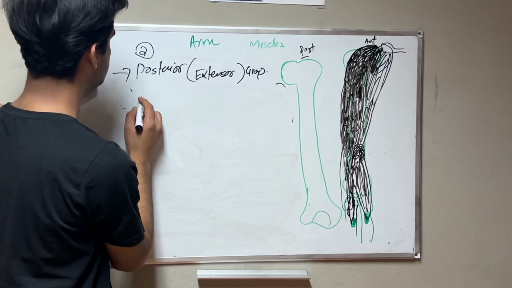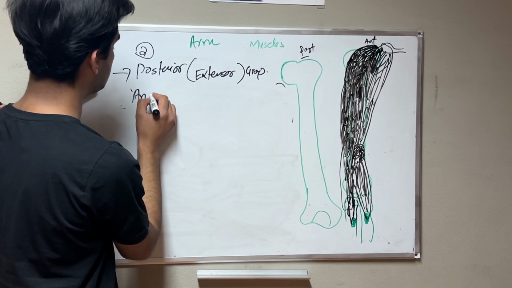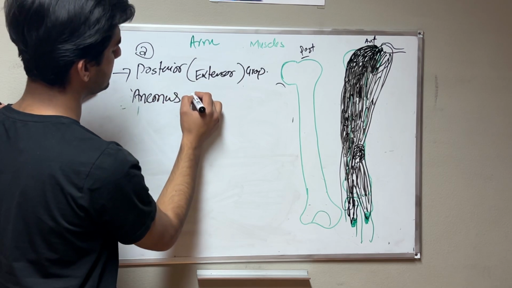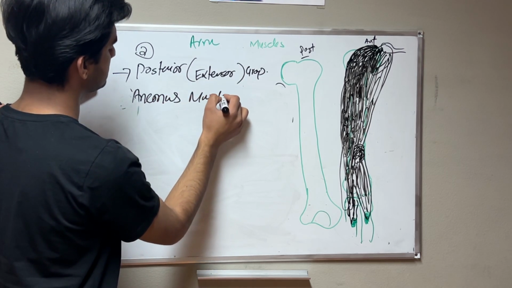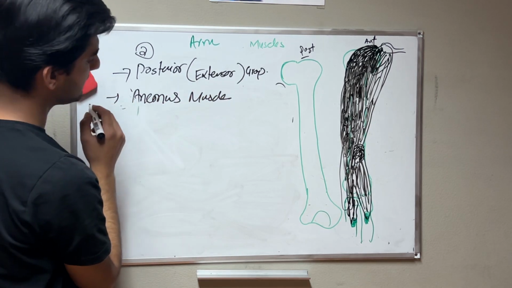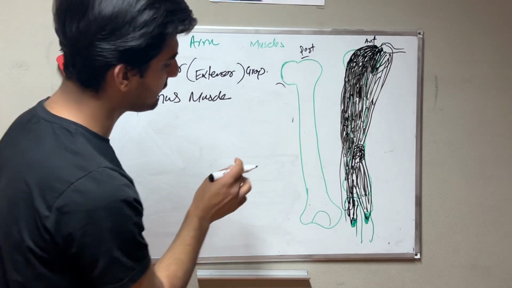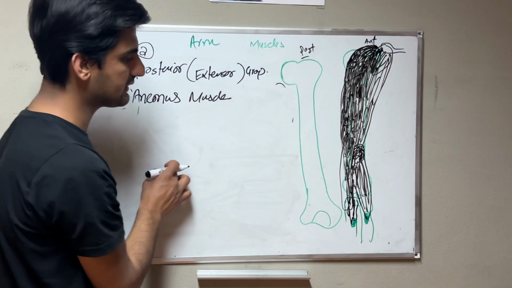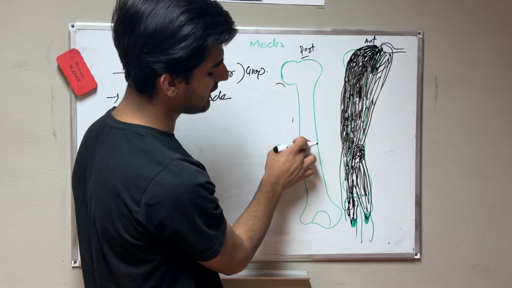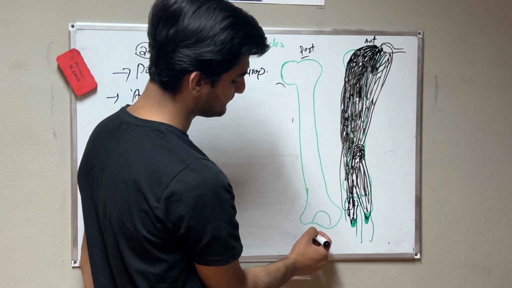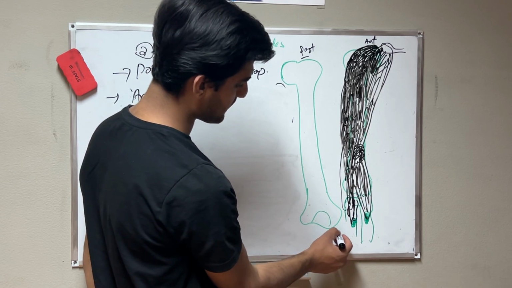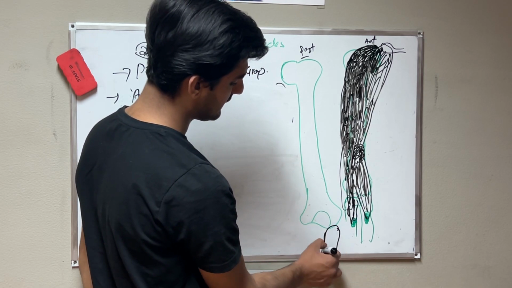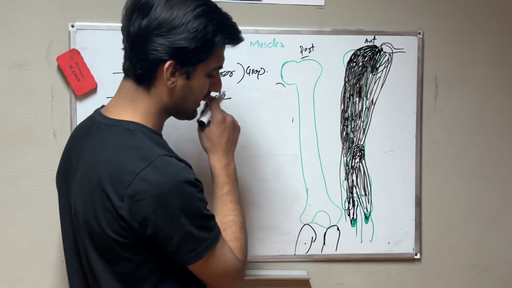The first muscle we have is the anconeus muscle. This is the posterior view, because now we are talking about the extensor muscles. We have the posterior view of the humerus bone, here we have the radius, and here we have the ulna bone.